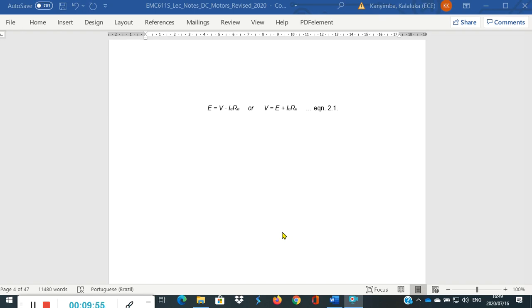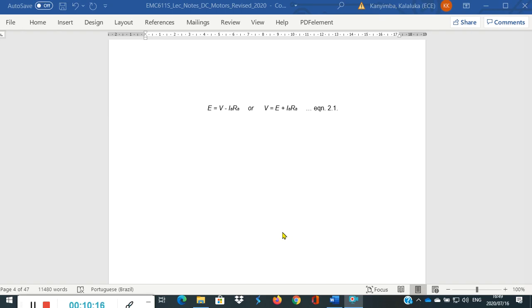Now, the back EMF or the counter EMF E is only present when the motor armature is turning. By Faraday's law, there must be motion. If the motor is stopped, then there is no induced EMF. So no lines of flux are being cut, and the armature current will be a maximum.